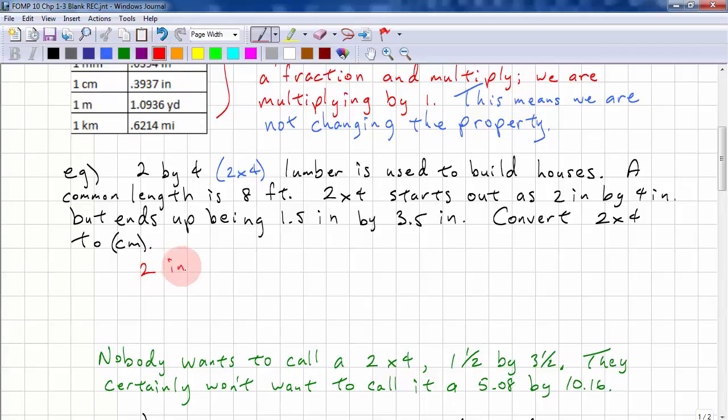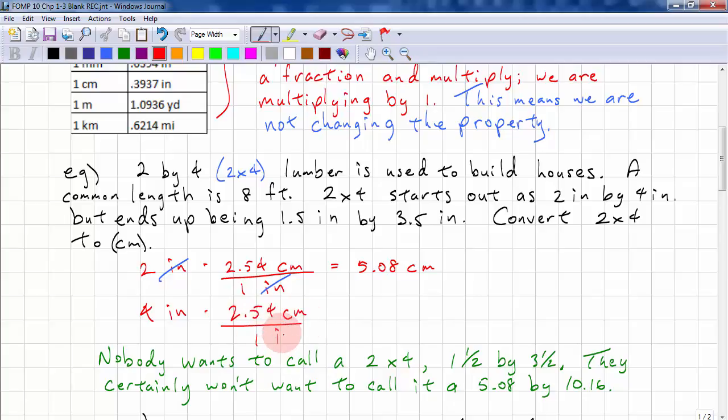So 2 inches times 2.54 centimeters over 1 inch. The inches cancel out, and we have 5.08 centimeters. The 4 inches times 2.54 centimeters over 1 inch, and we do the same calculation, cancel, equals 10.16 centimeters.